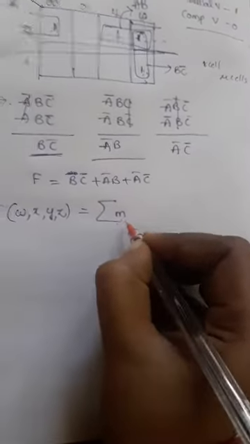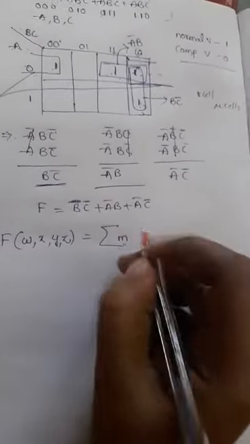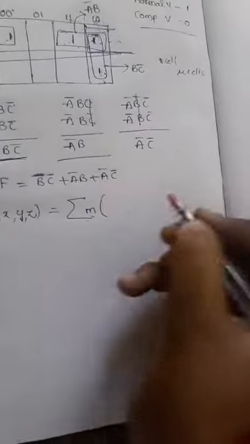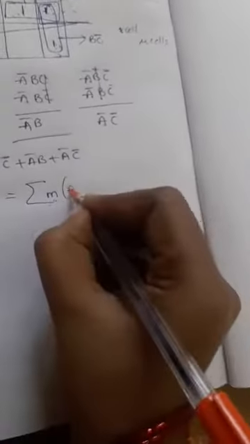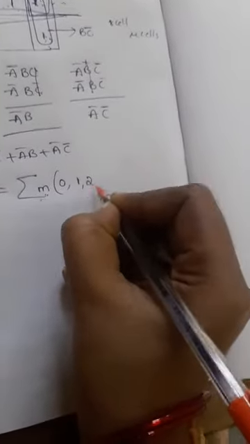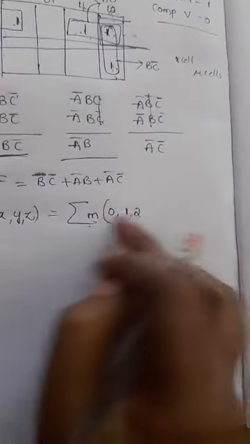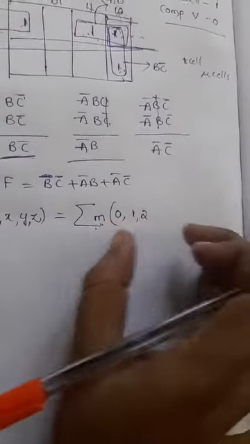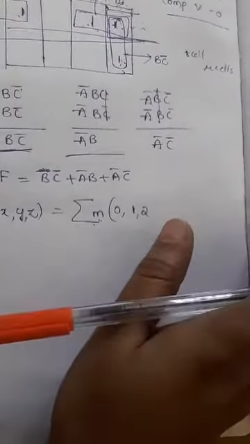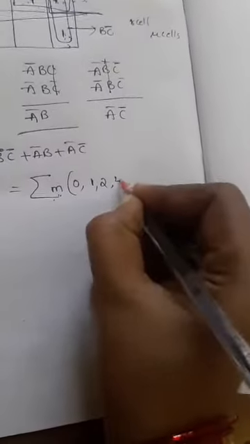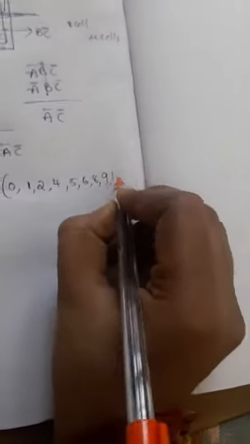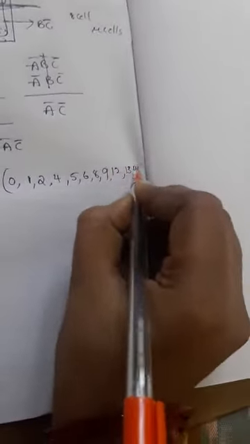This symbol is the identity of sum of product, indicating the equation is related to SOP. Just remember it. The minterms are 1, 2, 4, 5, 6, 8, 9, 12, 13, 14.